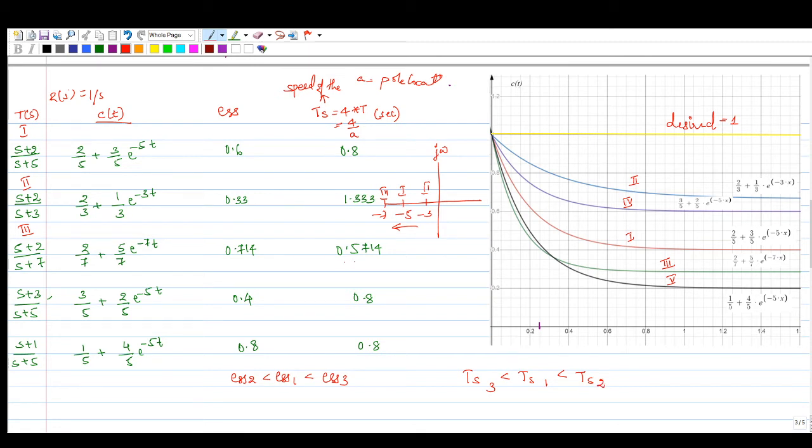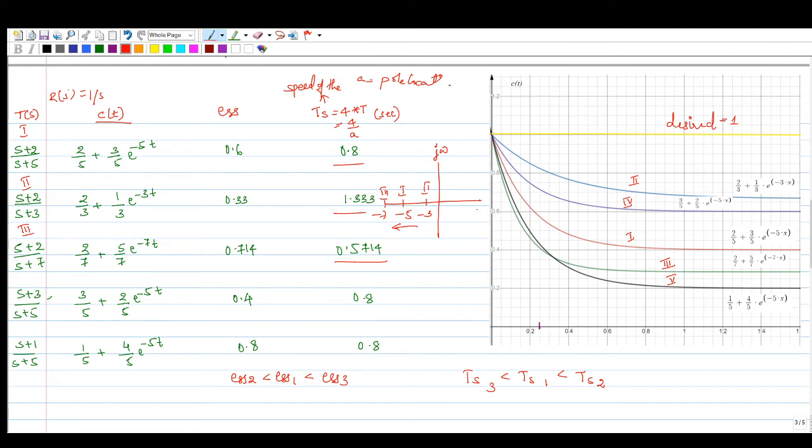For the third system, where S is equal to -7, the settling time is around 0.5714. For S equal to -5, it is around 0.8. And for S equal to -3, it is around 1.33.